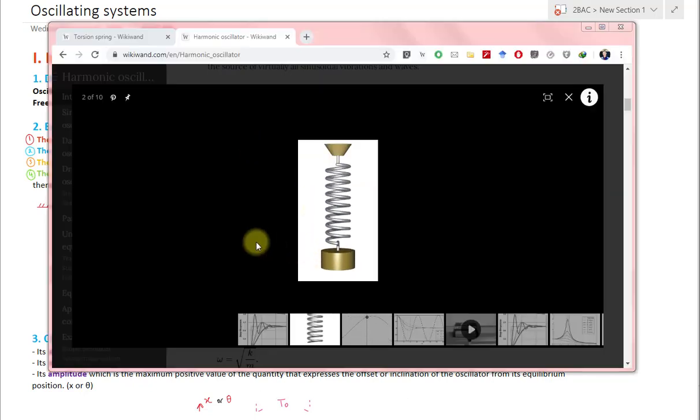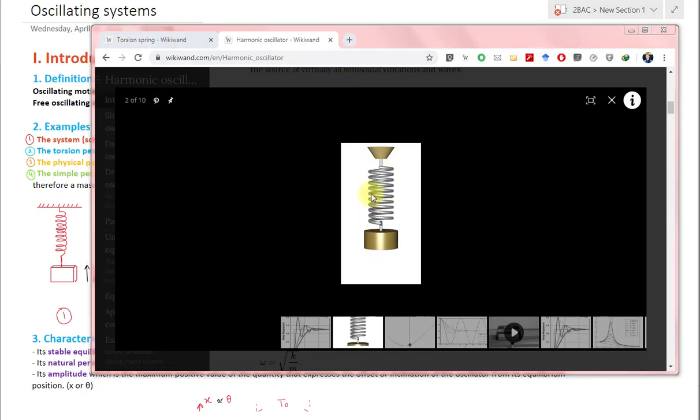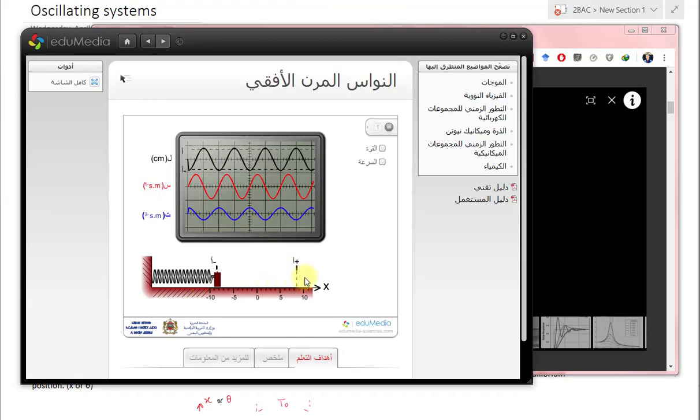This is an animation of the system. So this is the vertical system. We have also the case of the horizontal system, like this, and we have also the inclined case.